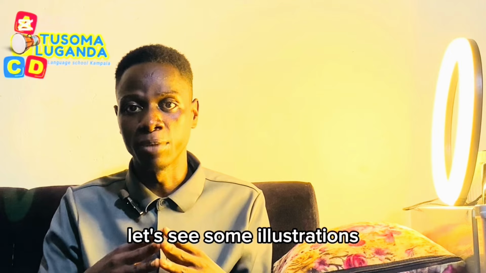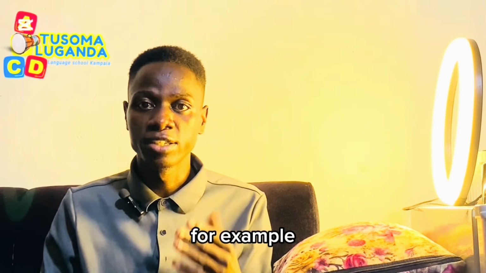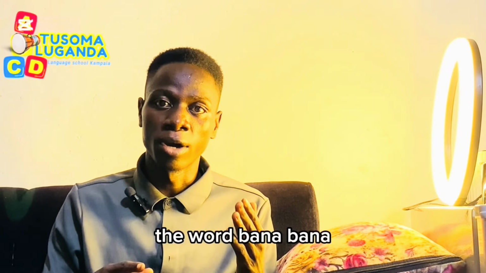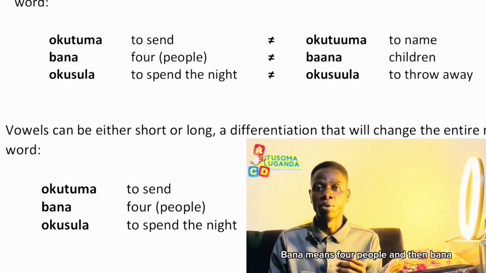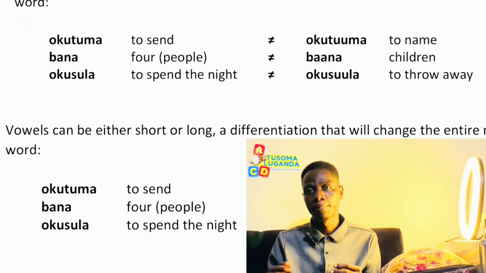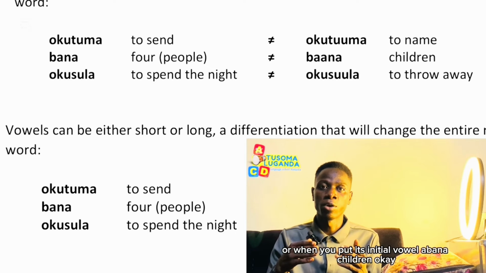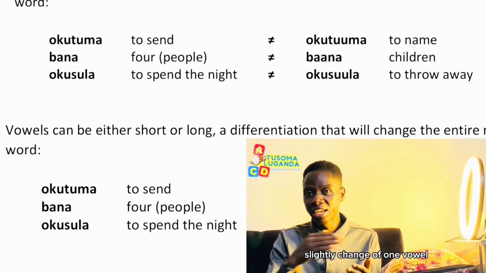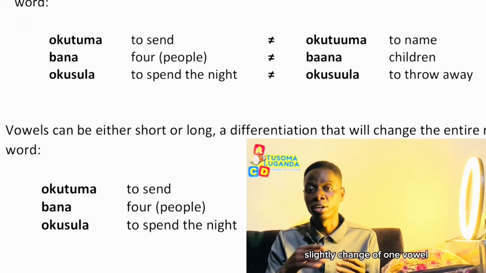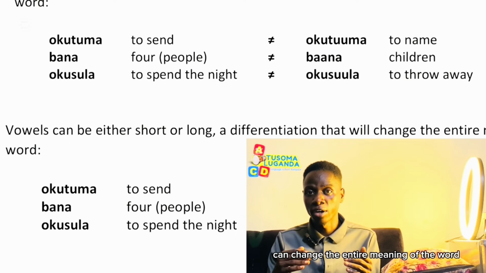Let's see some illustrations. For example, the word bana means 4 people. And then baana, when you put its initial vowel, abaana, children. You see the difference? A slight change of one vowel can change the entire meaning of the word.